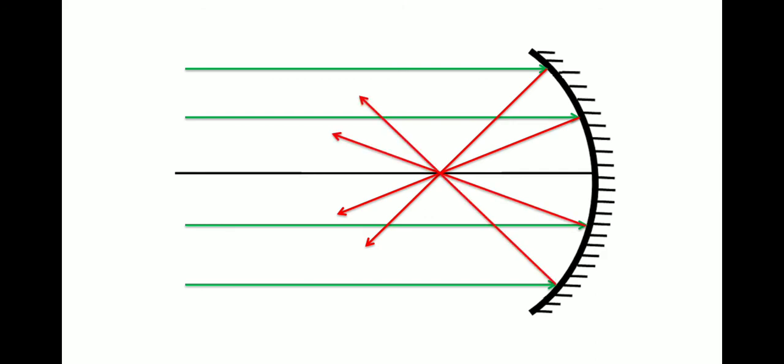But surprisingly, all these reflected rays will pass through a certain point over here, and this point is called the focus of that mirror. If this is the focus of the mirror, then the distance between the focus and the pole of the mirror is called the focal length.